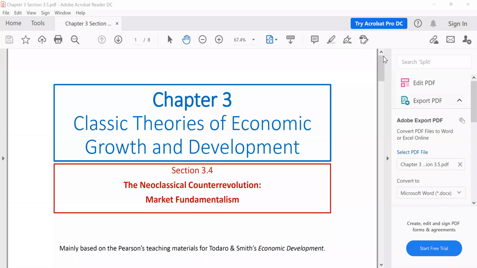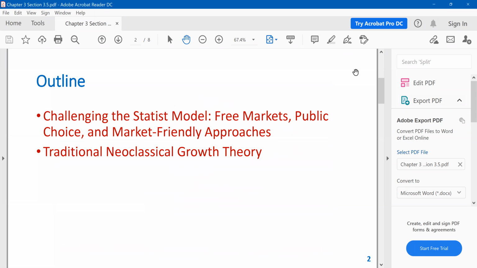So this is section 3.4, the neoclassical counter-revolution or market fundamentalism. The outline here is, first we're going to look at three different approaches. All of them are based on standard neoclassical or free market economy.